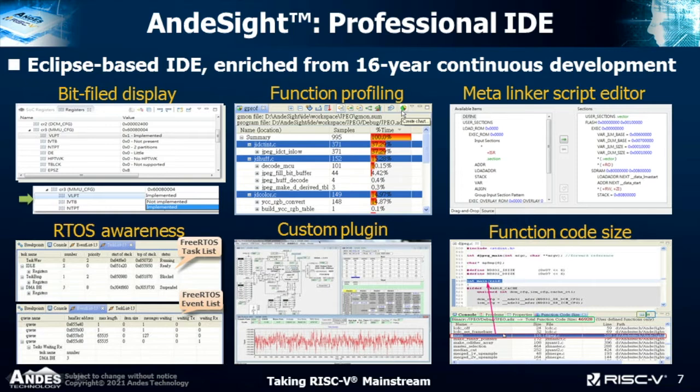Custom plugin, which allows users to visualize any memory or register data they are interested in. For example, this is visualized data from ADC. Function code size, a useful feature that figures out the code size for each function. Okay. Moreover, besides these classical features, we will introduce more new features in the coming AndeSight IDE version 5.